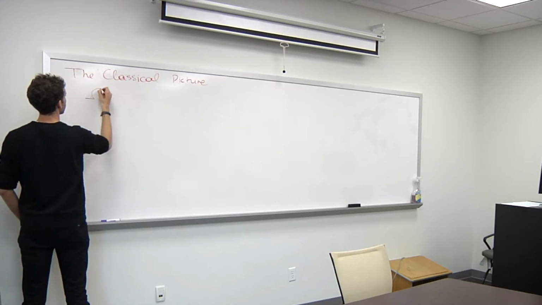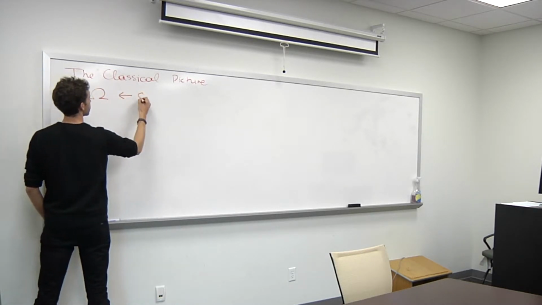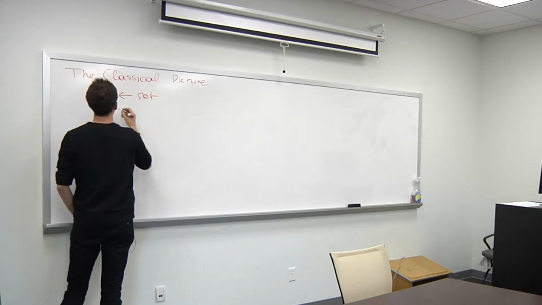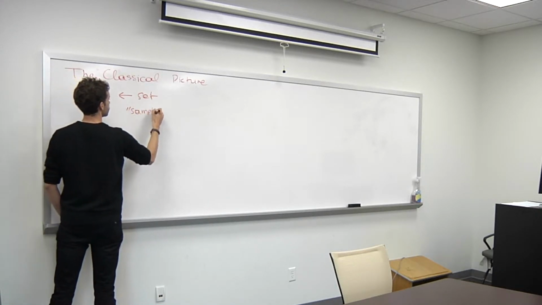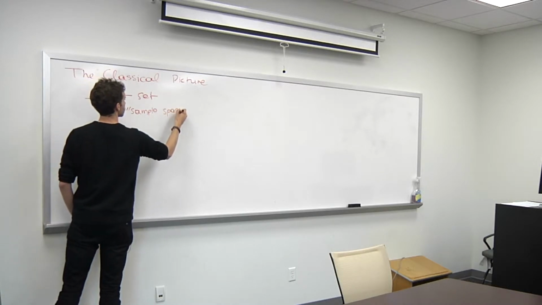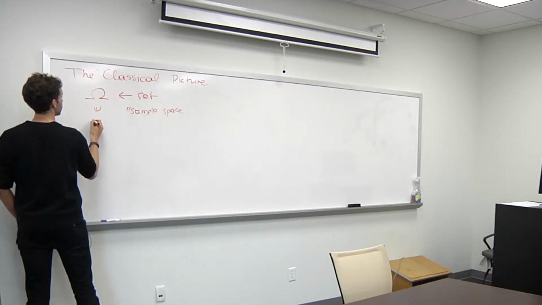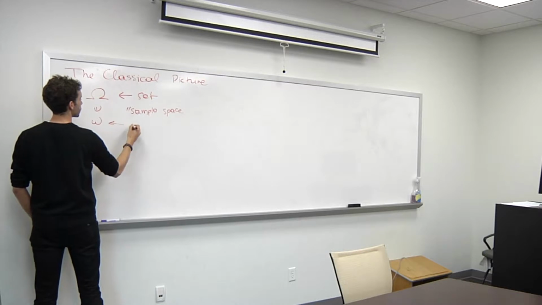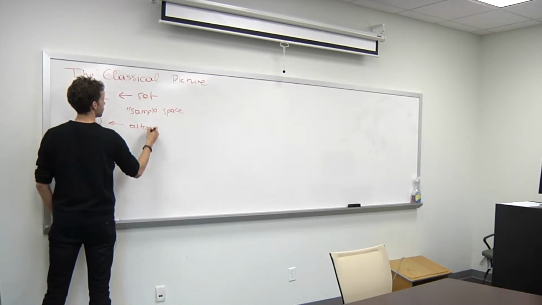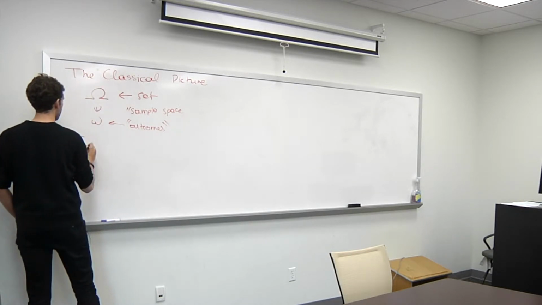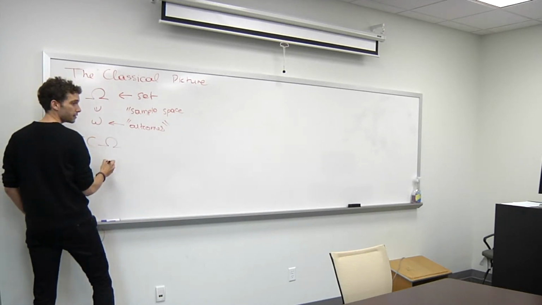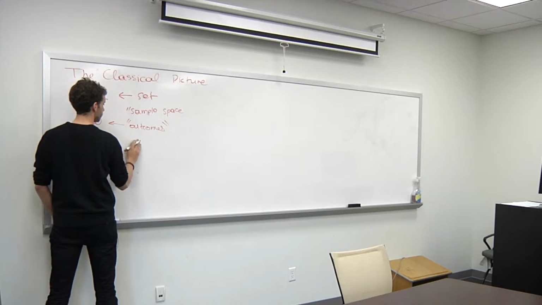You have a set, which is called the sample space. Its elements, little omega, are called outcomes. A subset of this set is an event.